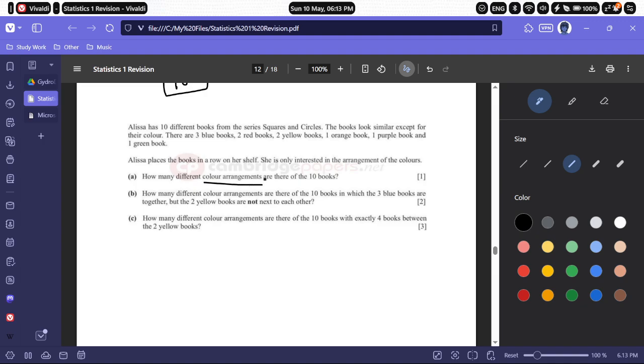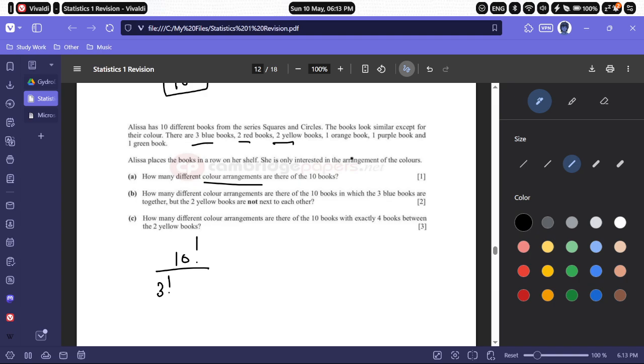When they're asking about color arrangements, that means it's in context of the colors, so the colors matter in this case. So you have 10 factorial ways to arrange those books, but in terms of colors, they would be identical. So you would simply divide by 3 factorial for the 3 blue books. Then you have 2 and then 2, and the others are just ones.